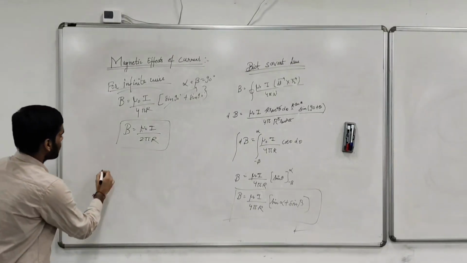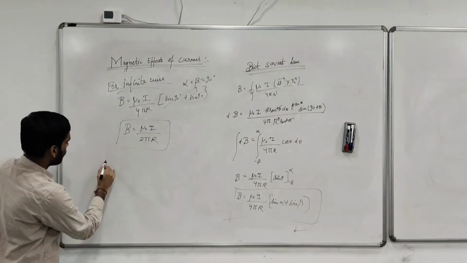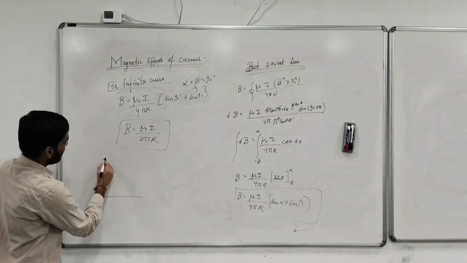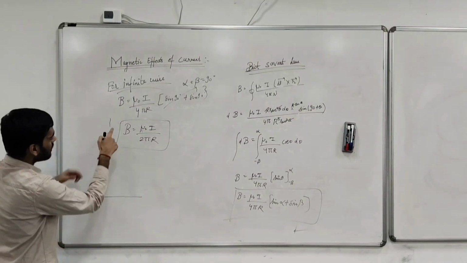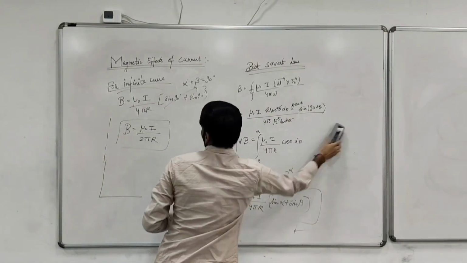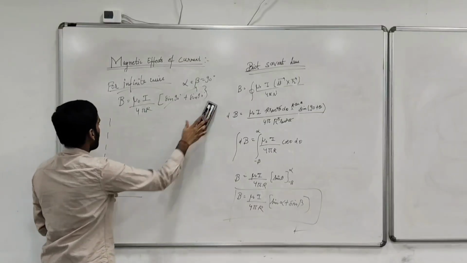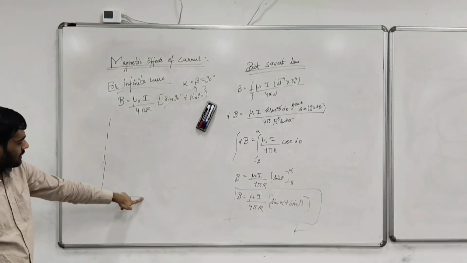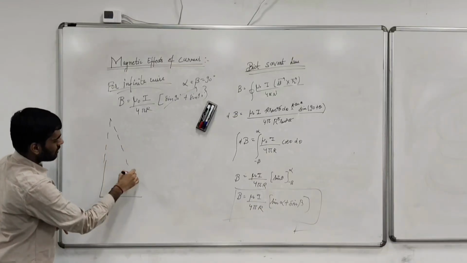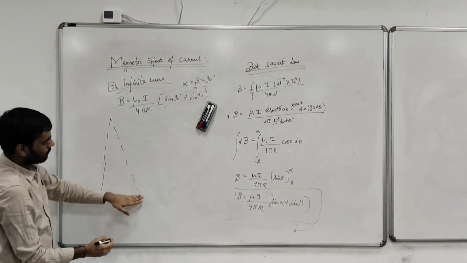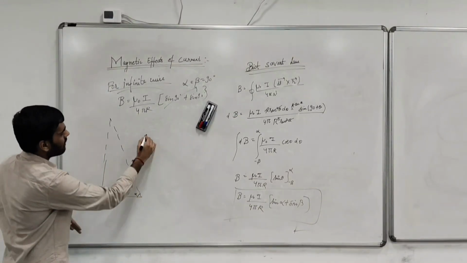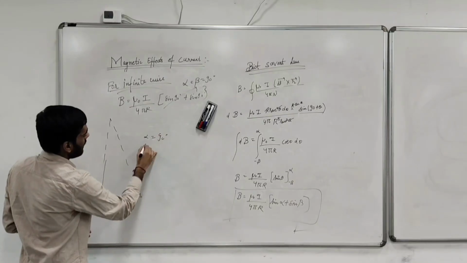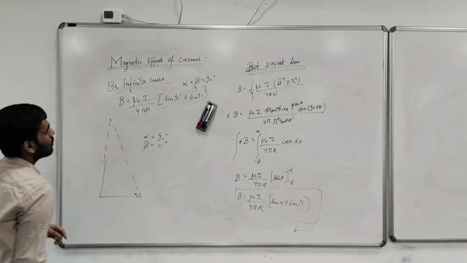Similarly, let's say for such a kind of wire, one end extends to infinity and the other end is here. For this, alpha is equal to 90 and beta is equal to 0.